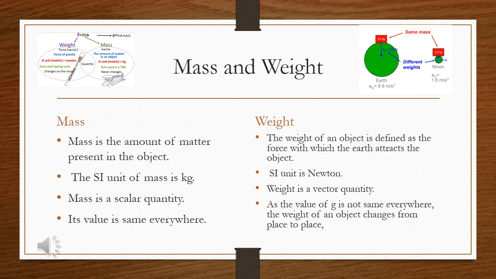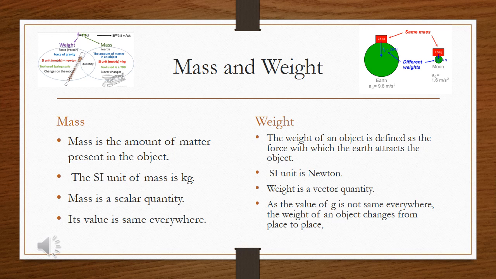Similarly, mass means the amount of matter in that object. It is called mass. Okay, so it is a scalar quantity. It doesn't need a direction. Now let us talk about the unit. So the SI unit of weight is the Newton, and the unit of mass is the kilogram.